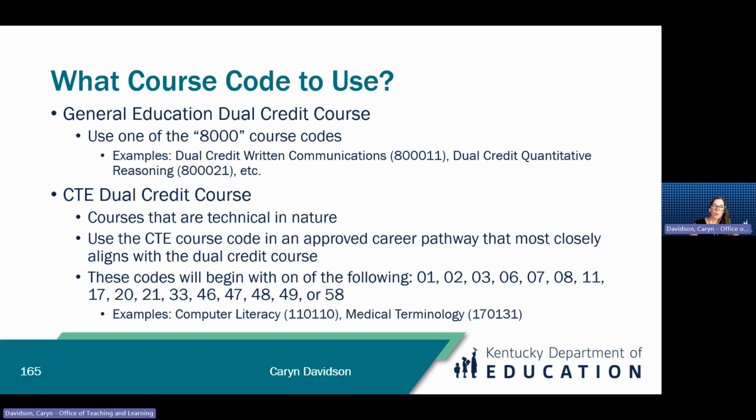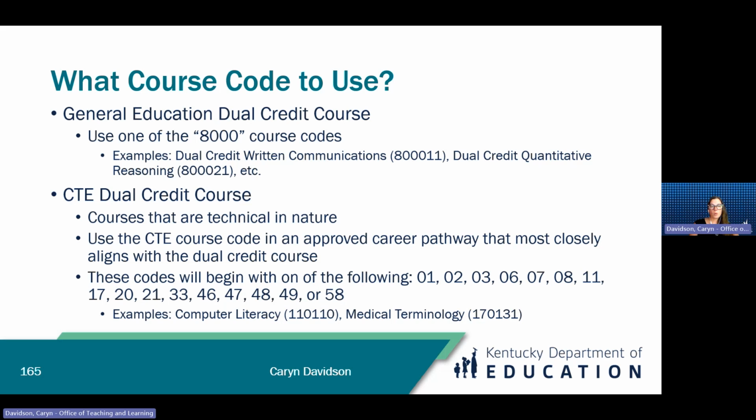On the academic side, we have what we call the 8,000 course codes for dual credit. These were set up to assist with calculations for accountability, and they mirror what I call the general education coursework buckets at the post-secondary institution level.